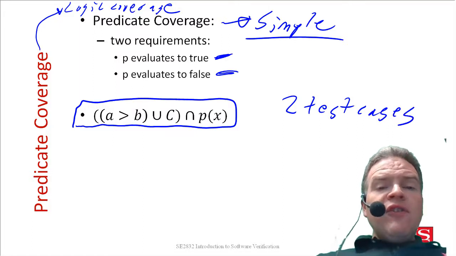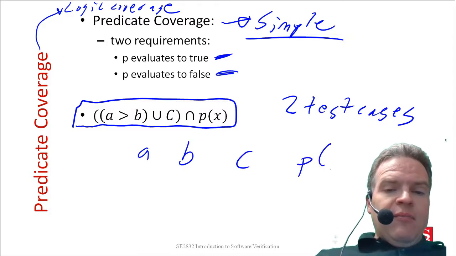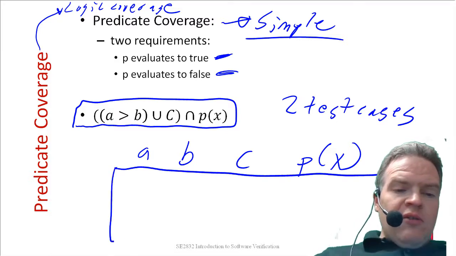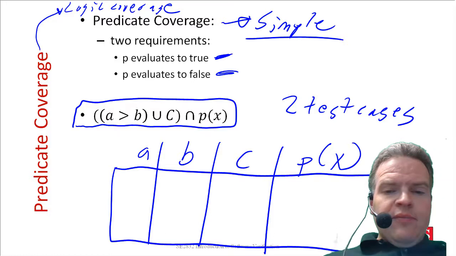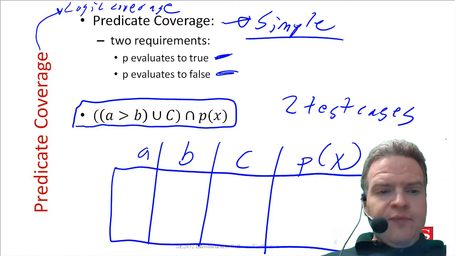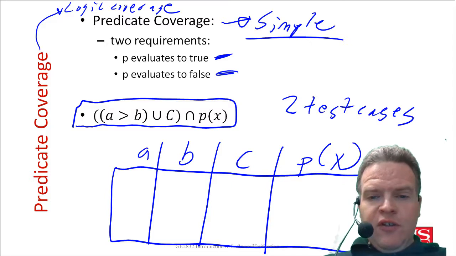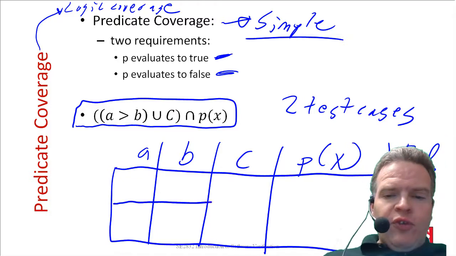I'm going to draw these out as a chart: A, B, C, and P of x, and I'm also going to put my predicate value out on the edge.